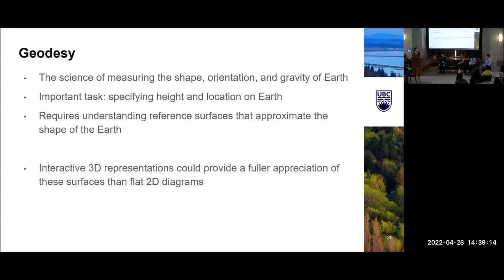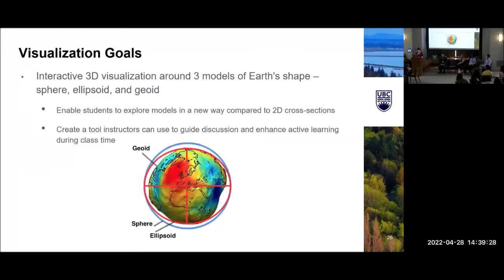Now, since these reference surfaces are inherently in 3D, we thought that an interactive tool could provide a fuller appreciation of their differences than existing flat diagrams. For this chapter, we created a 3D visualization around three models of Earth's shape: the sphere, the ellipsoid, and the geoid.